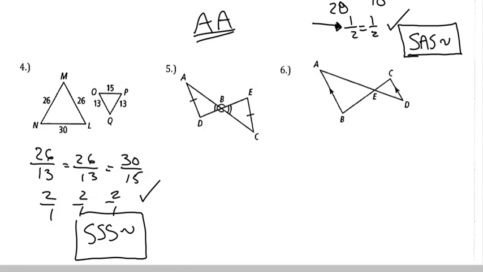Now, it's important for you guys to understand congruent figures are also similar. The reason why congruent figures are similar is if these were all 26 and 26 and that one was 30, you would just have 26 over 26 equals 26 over 26 equals 30 over 30. And they would be proportional. The scale factor would just be 1.